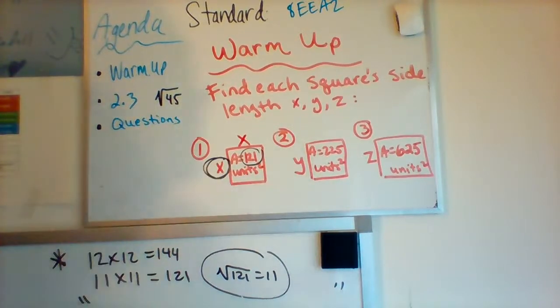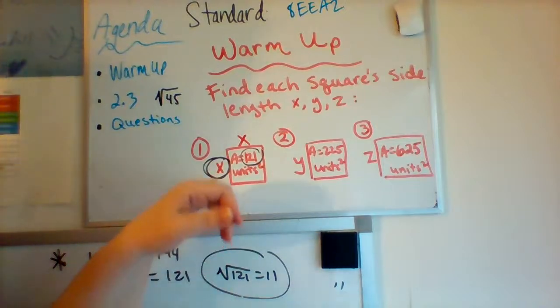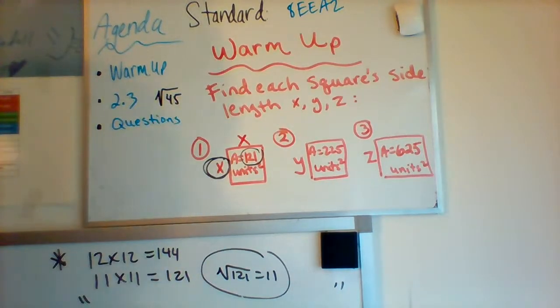Well, 12 times 12 is 144. Right, so you followed in with her. Okay, that's cool. If you follow her logic, and she found that 11 times 11 is 121, so x has to be 11. That's fine, and you get it.